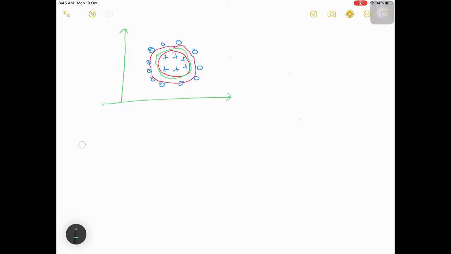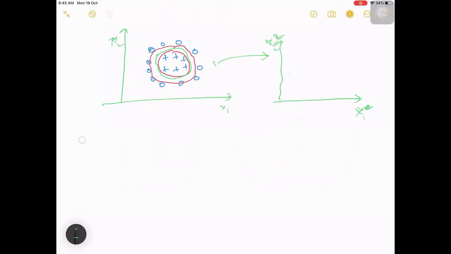We can do it in a non-linear fashion, but not with a straight line. So instead of x and y, let's take x1 square and x2 square as your axes.